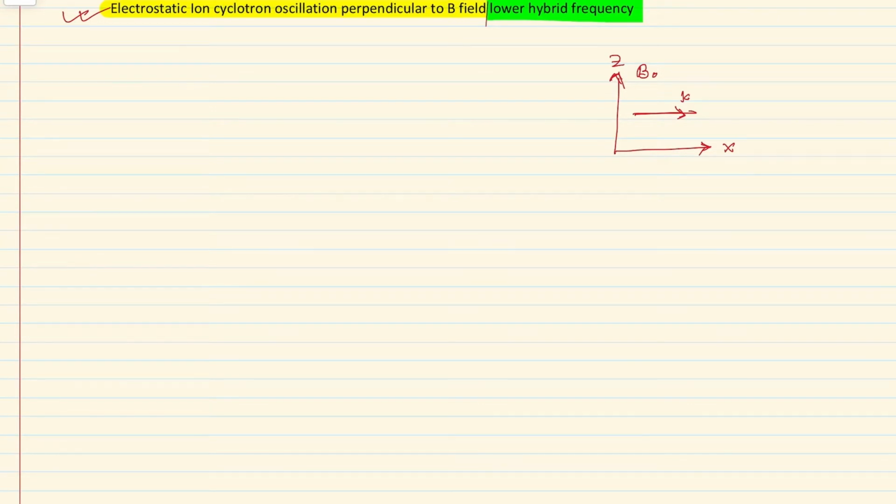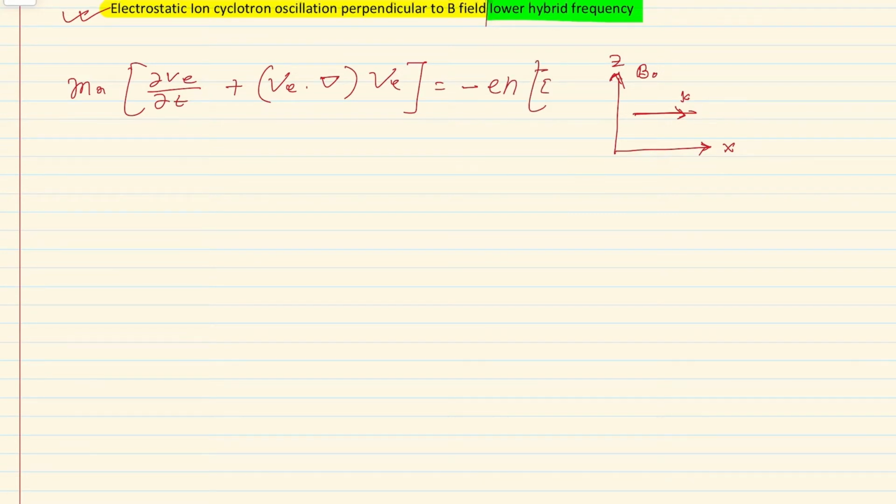In case of electron, we have taken mn del ve by del t plus ve dot del ve, that is equal to minus en E plus ve cross B. This was the equation of motion we used in the last case for the electron.